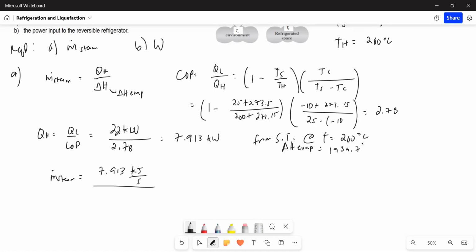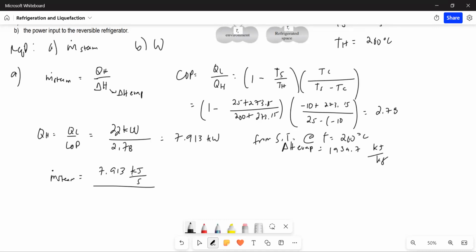Again, this is the difference between the liquid and vapor saturated properties at 200 degrees Celsius.